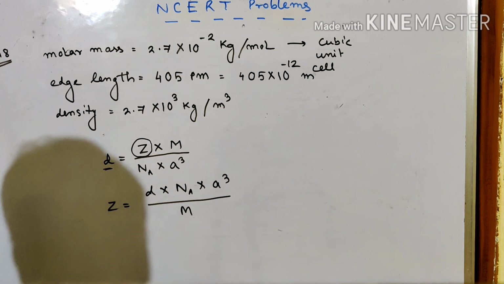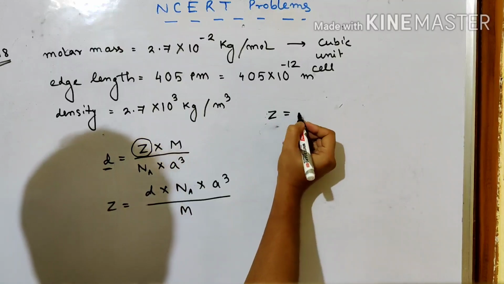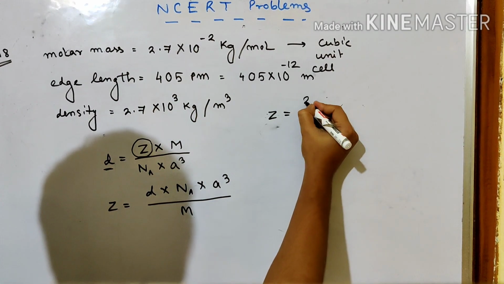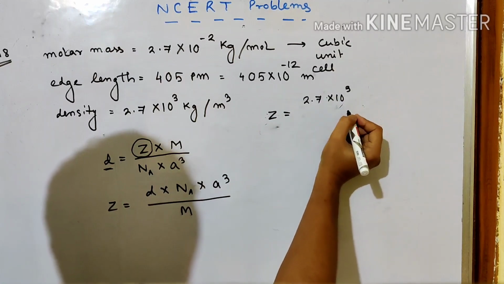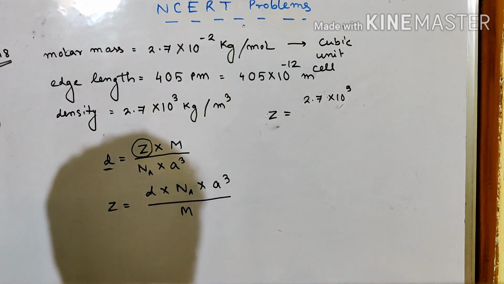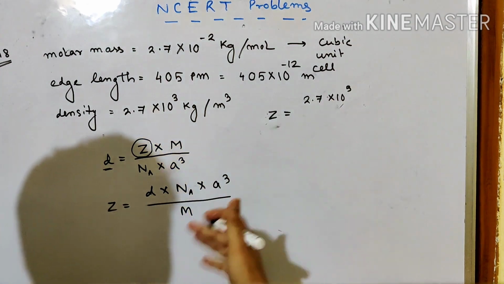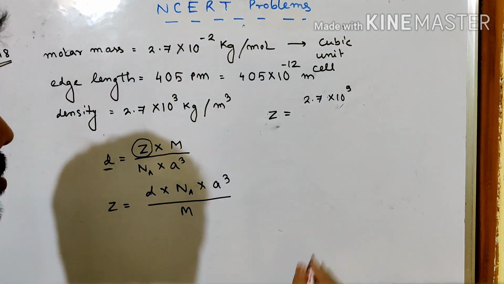So D value, what is that? Density is given as 2.7 into 10 to the power 3. Z is unitless, so I am not putting the unit over here. We can understand that the units will cancel each other out. If you want to, you can check it with units also.